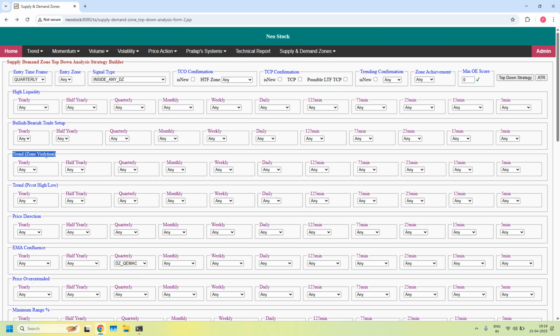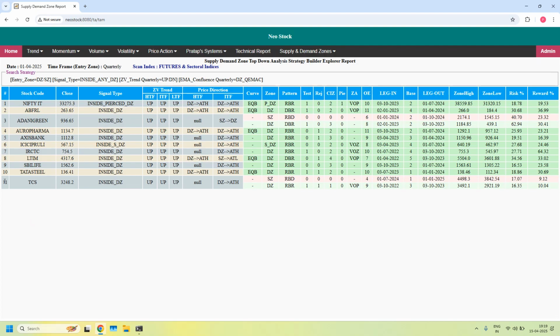Otherwise, EMA Confluence won't give you any advantage. That's why in the trend, I am selecting either up or down, but not sideways. Now the list has come down to 11 stocks. Probably these zones might have higher probability compared to the other remaining stocks.